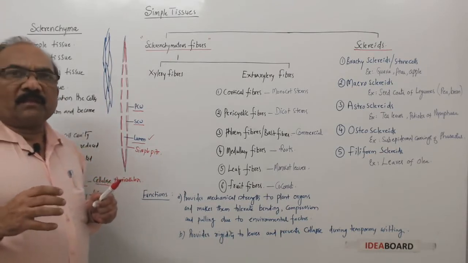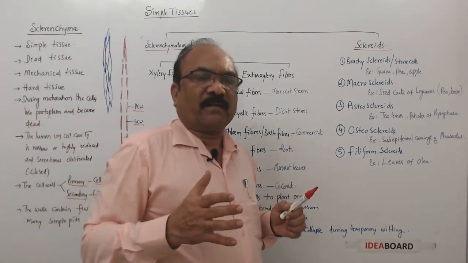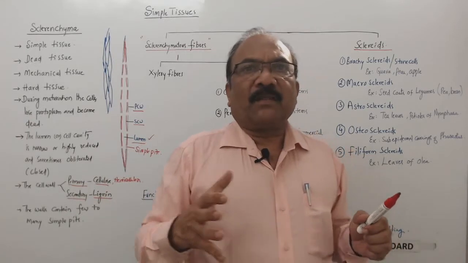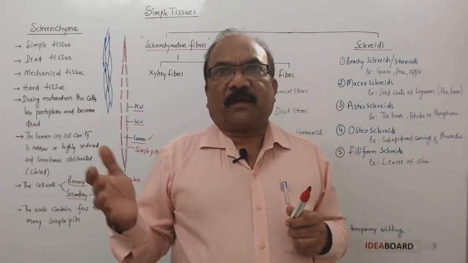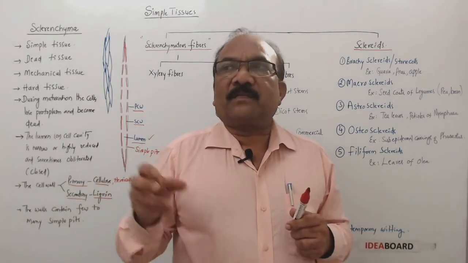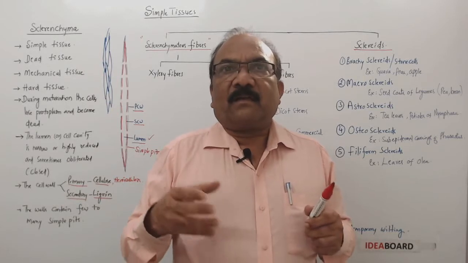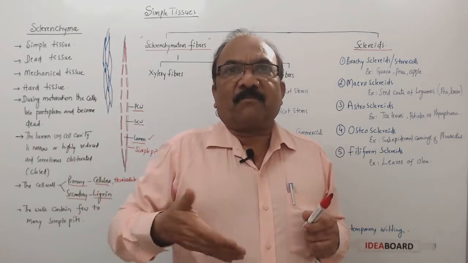Sclerenchyma is widely distributed in the plant body. That means we find sclerenchyma at many places in the plant body. Just like parenchyma, but parenchyma is an abundant tissue, whereas sclerenchyma is present here and there. You will find it everywhere in the plant body, but not in the same quantity.